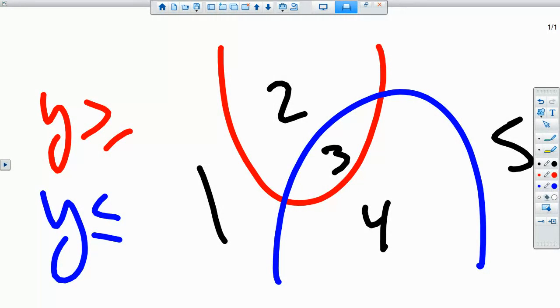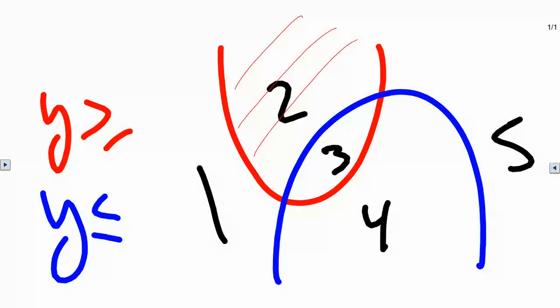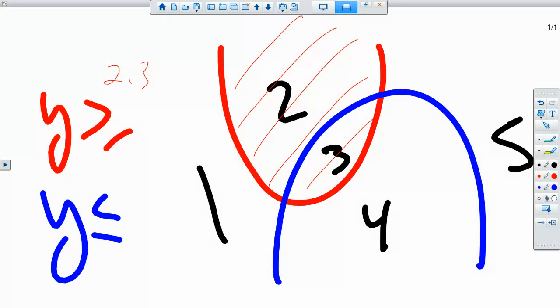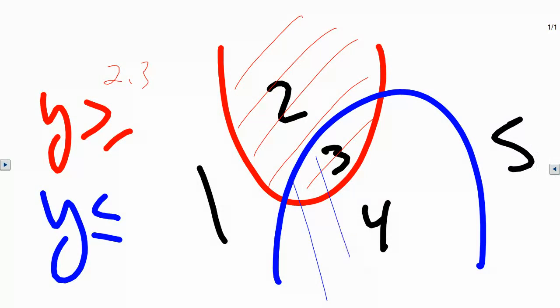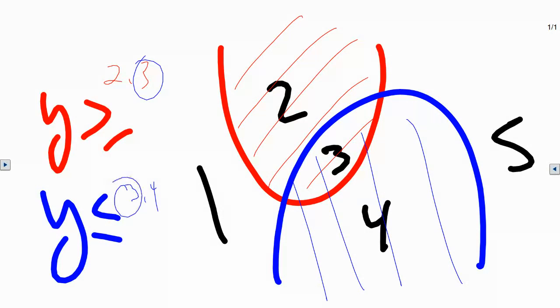So one way of looking at this is to say if I was just to look at the red graph here, y is greater than the red graph would be all the points that are in region 2 and region 3. And then if I look at all the points that are below the blue one, that would be this section in here, which would be sections 3 and 4. We can see clearly that region 3 is in both of these.